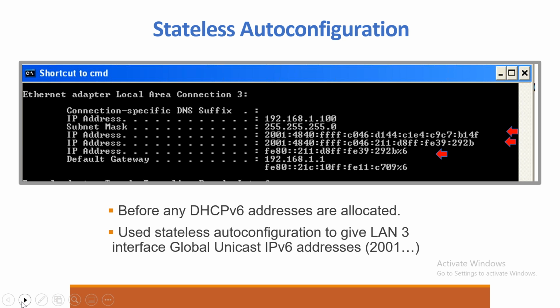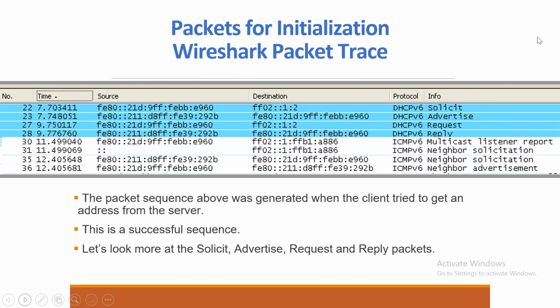Okay, so when we start initializing, here's the packet trace, and what are we seeing in here? We're seeing the solicit, advertise, request, and reply. So let's go back. Just from this metadata, what do we know? What's this address? Solicit is going over the link local, going to this multicast address. Advertise is coming from his link local, going back to the other guy's link local.